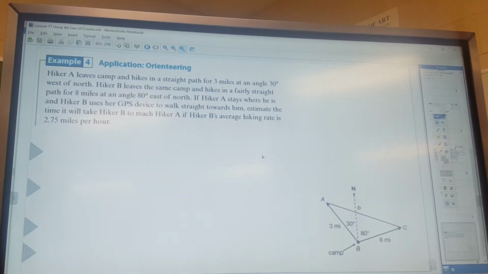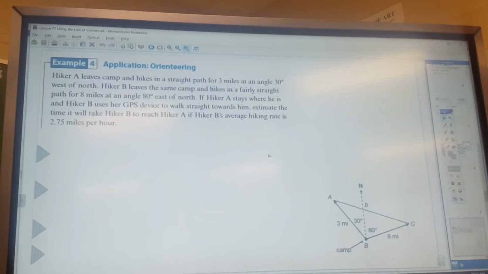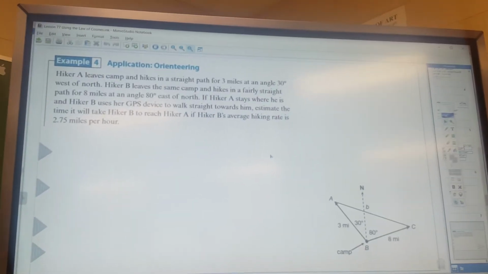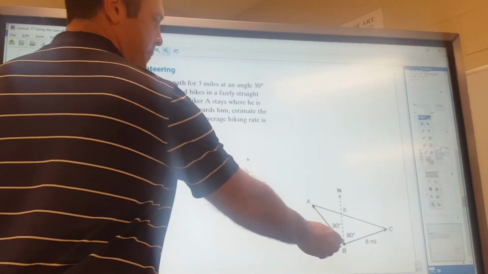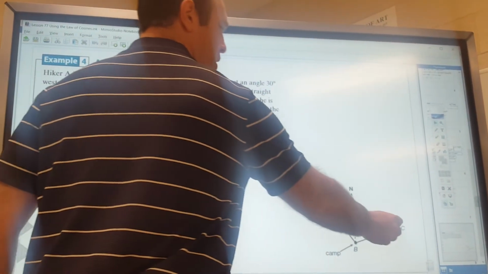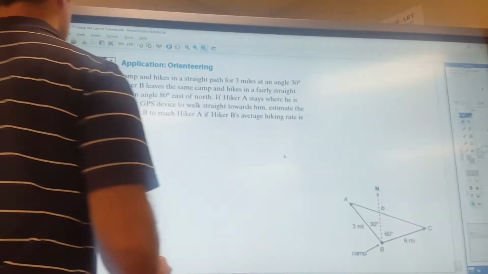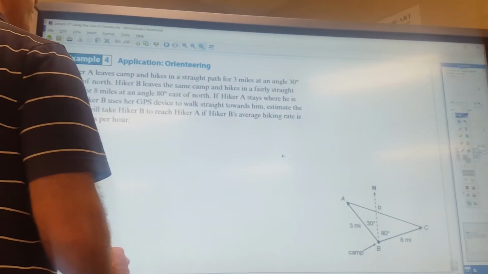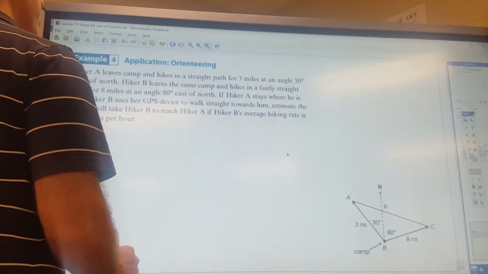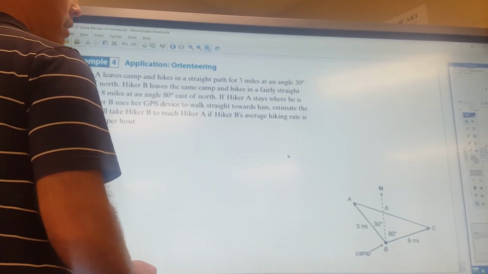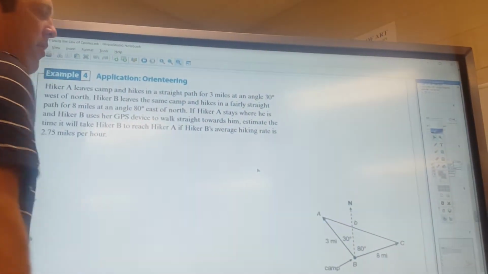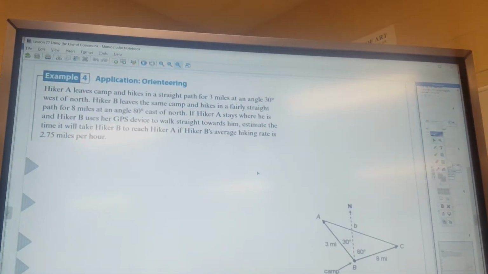All right, skipping down here. If hiker A stays where he is and hiker B uses a GPS device to walk straight towards him. So here's where they end up. The one ends up here at A, the other ends up here at C. What they want to know is how long it will take hiker B to reach hiker A. So we're going to take a straight line path directly to see how far that is.